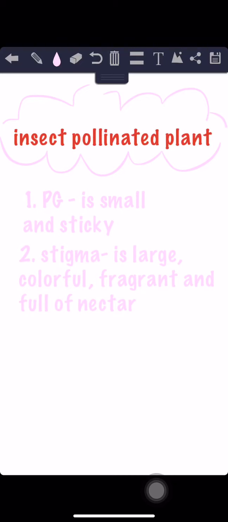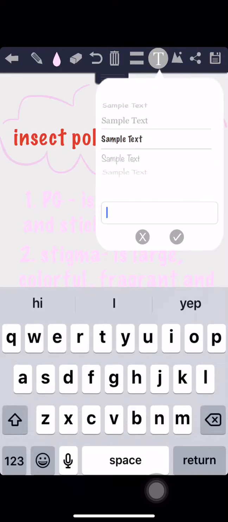Remember, an insect pollinated plant is colorful. It can be easily attracted by the insects, and it is colorful. Why? To attract the insects. Secondly, it has nectar, which will help the insects get attracted towards the plants, and plants will be helped by undergoing pollination with the help of insects. Its examples are very easy.